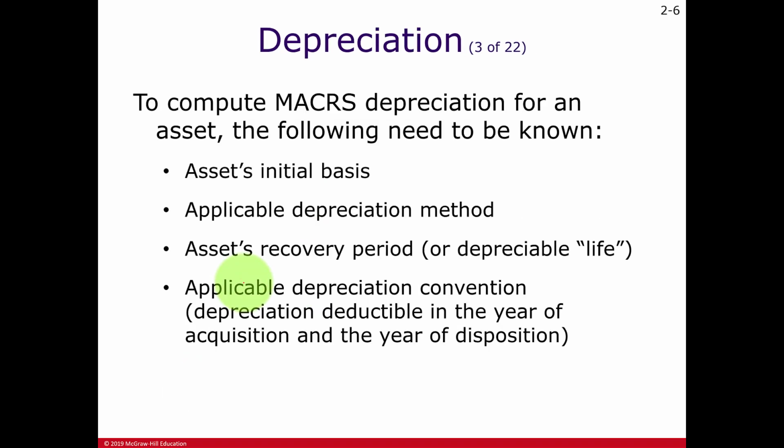Again, we're learning the modified accelerated cost recovery system first, where we need to determine how much to depreciate. Here they call it basis instead of cost. And then what's the calculation? So you guys remember the straight line method, right? And the declining balance method.